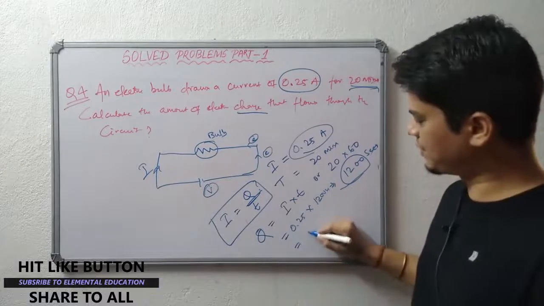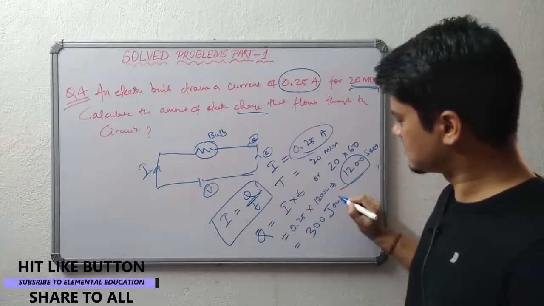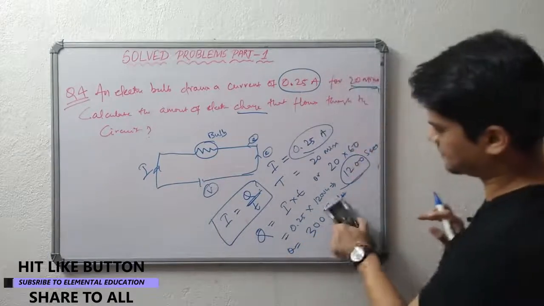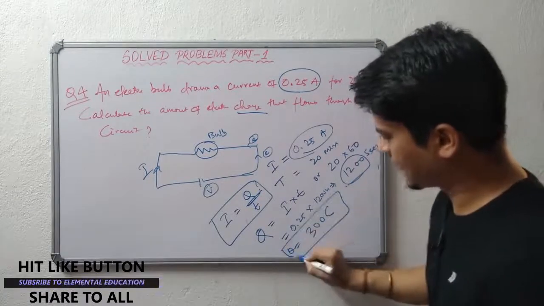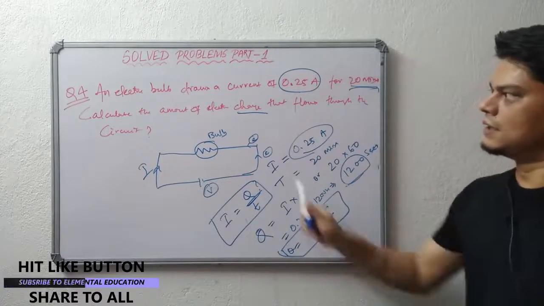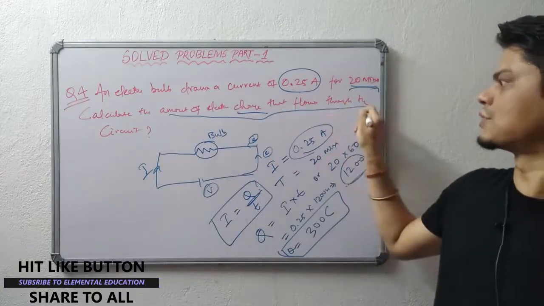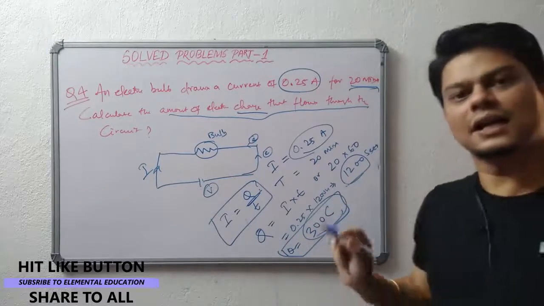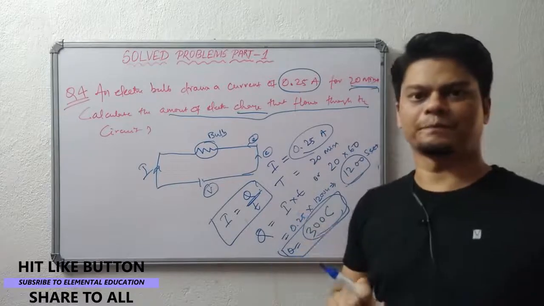So the answer will be 300 coulomb. So this much, 300 coulomb of electric charge, flows through the circuit.